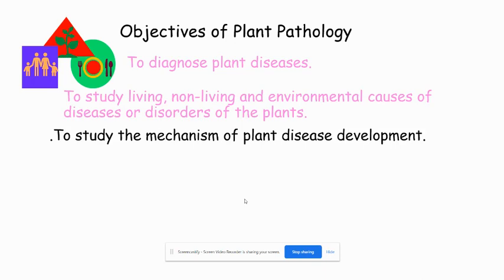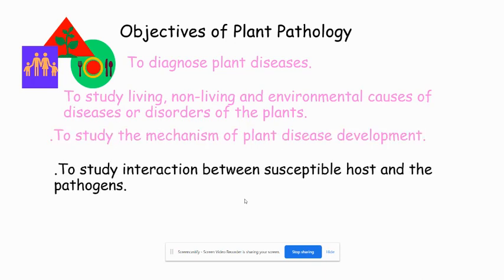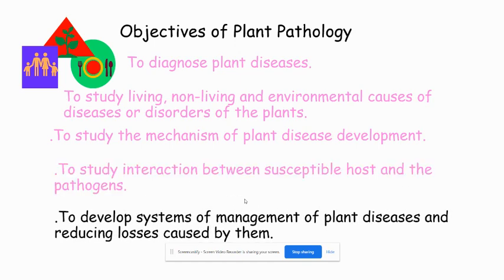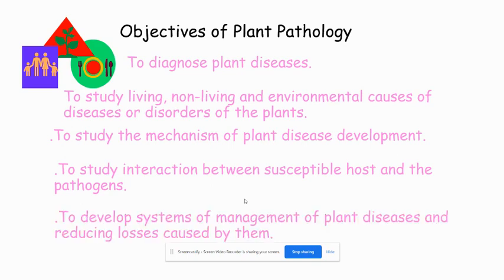The plant pathology also deals with the study of mechanism of plant disease development and interaction between susceptible host and the pathogen. Another important objective of plant pathology is to develop system of management of plant disease and also to study reducing losses caused by them.